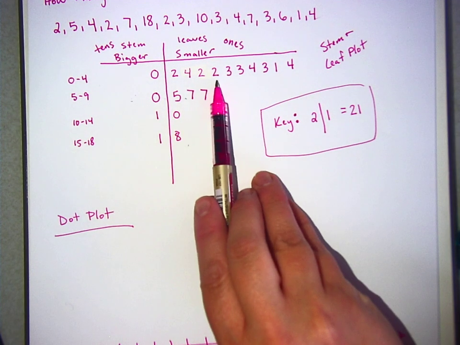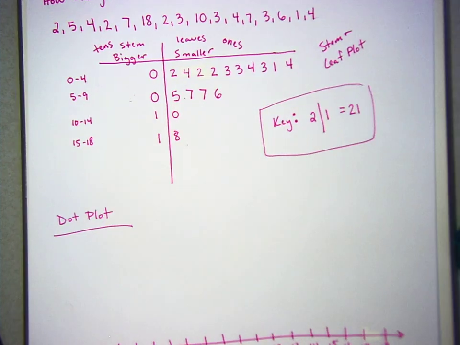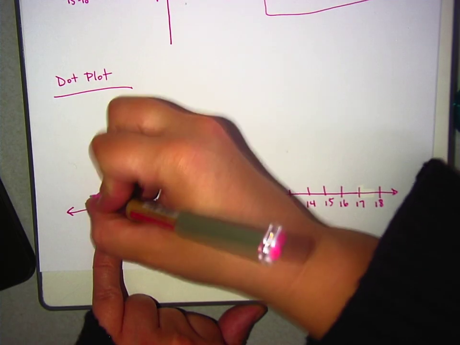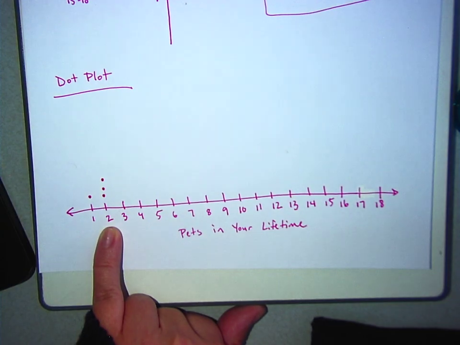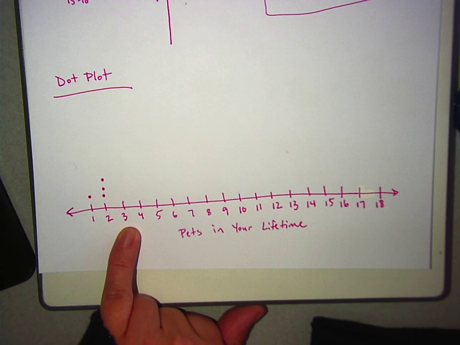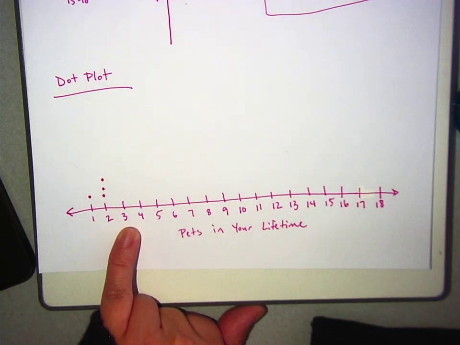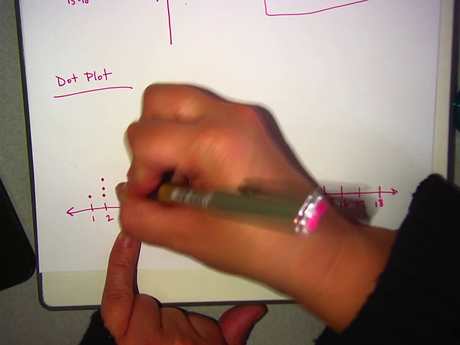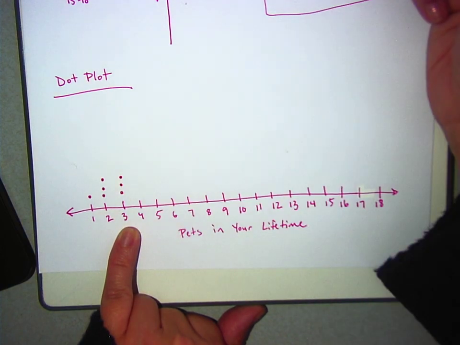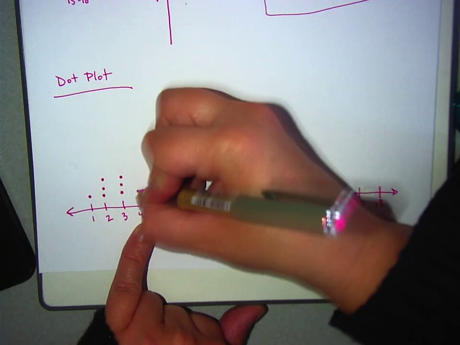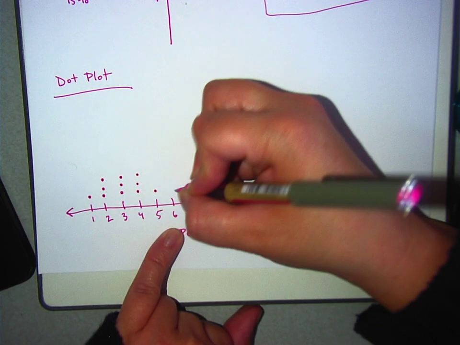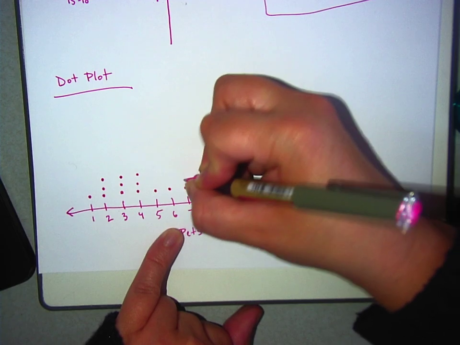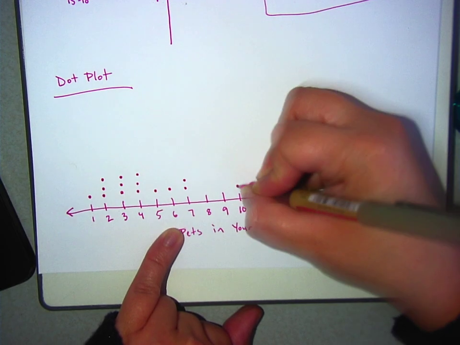I've got 1 one and 3 twos. And then for threes, 3 threes. And 3 fours. I see 1 five, 1 six, and 2 sevens, a 10, and an 18.